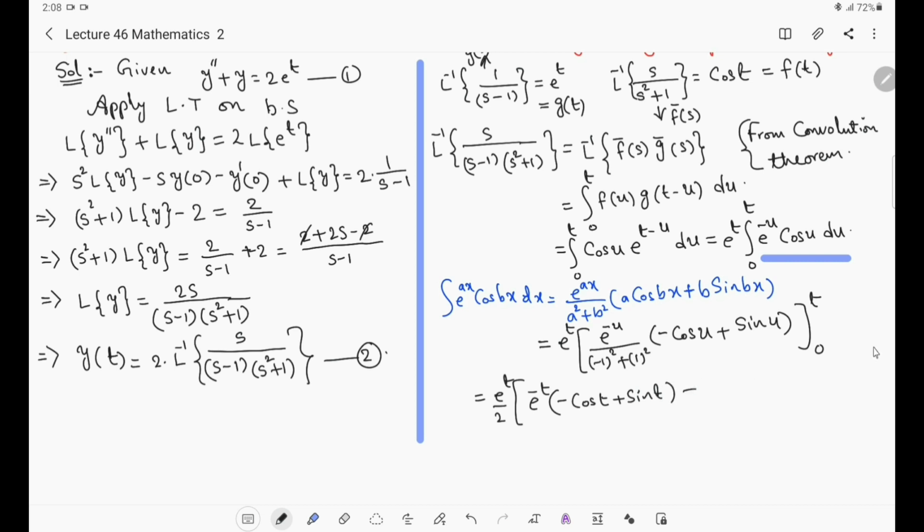Then minus e power 0. When you substitute 0 here, e power 0 will become 1. Then minus cos 0, and this minus will become plus cos 0. Cos 0 is 1. Then sin 0 is 0. Right.